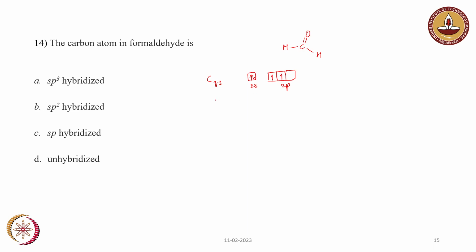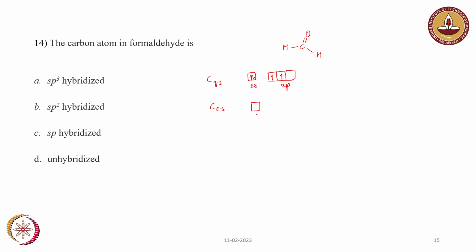And when it goes to excited state, when it forms bond with hydrogen and oxygen, one of the electrons from s goes to one of the vacant p orbitals.